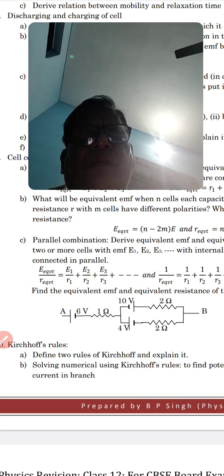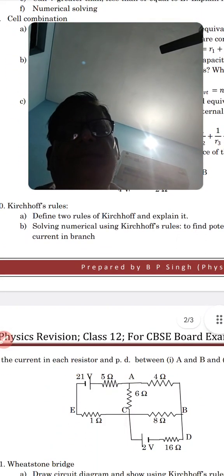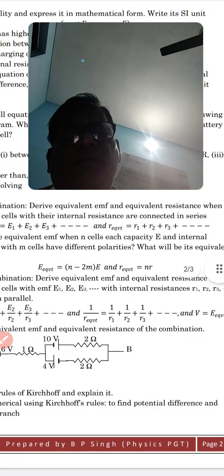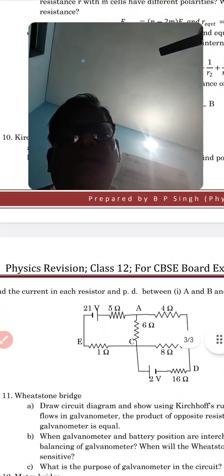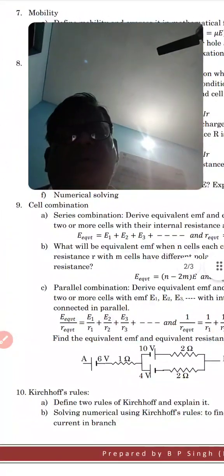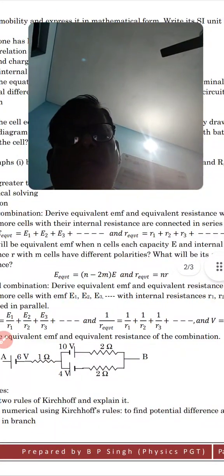For cell polarity change in series, E equivalent is equal to (N minus 2M) multiplied by E, and r equivalent is Nr. It is mentioned here in serial number 9, point B.